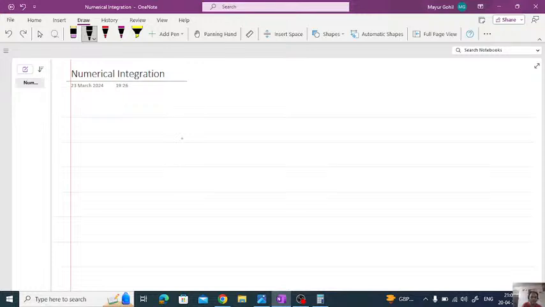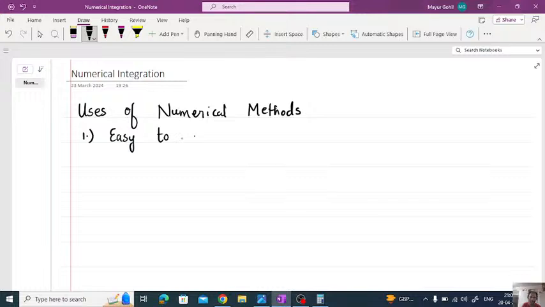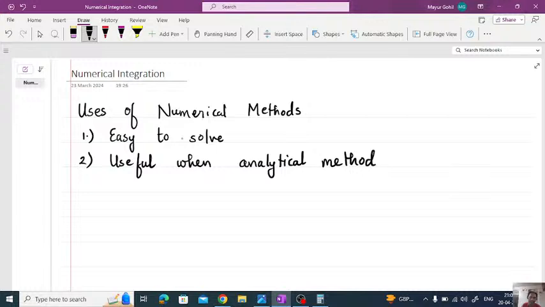The first thing, uses of numerical methods. The first use is easy to solve. Second, they are useful when analytical methods fail.